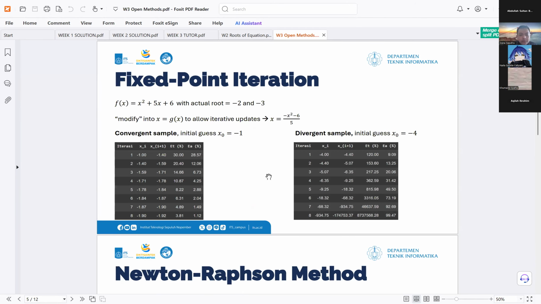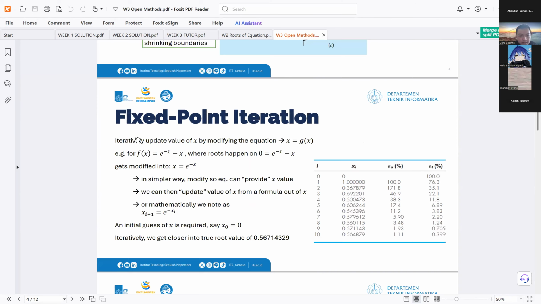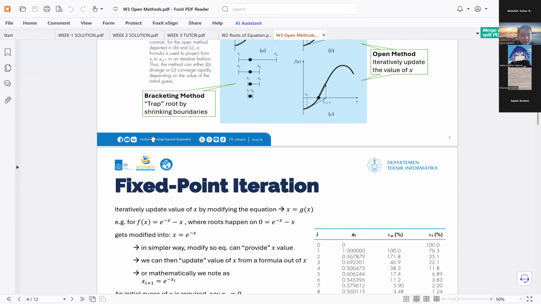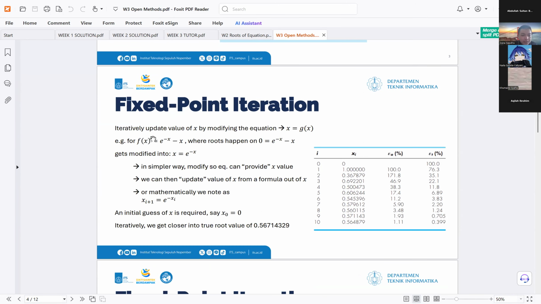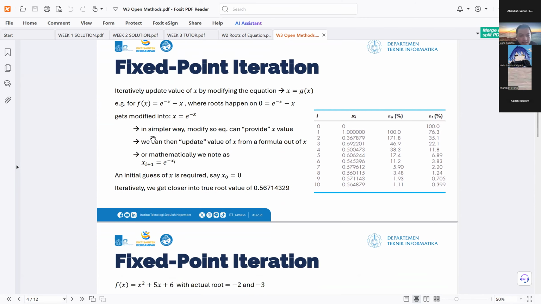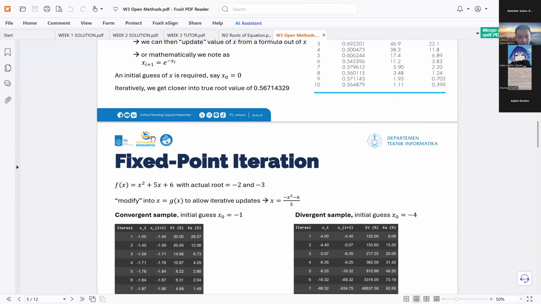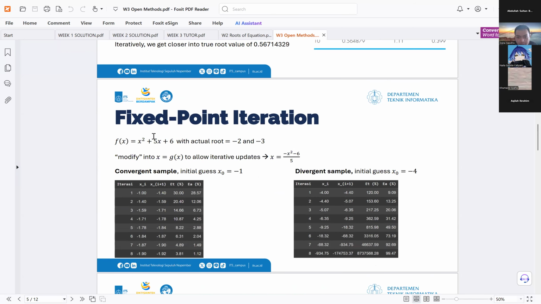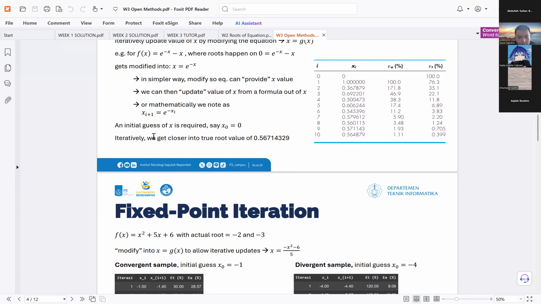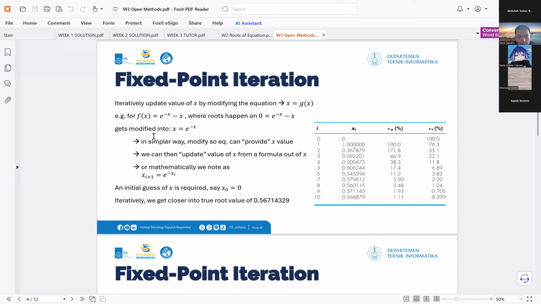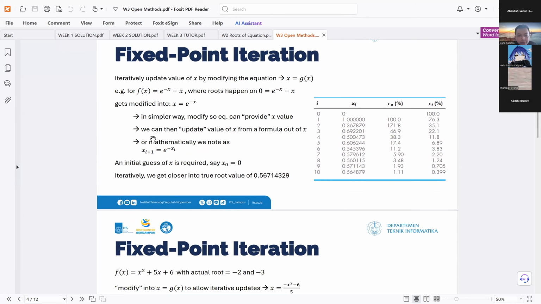Like that. For fixed point, from y equal to something, we change into x equal to something, because for fixed point iteration we update the value of x from a formula of x.